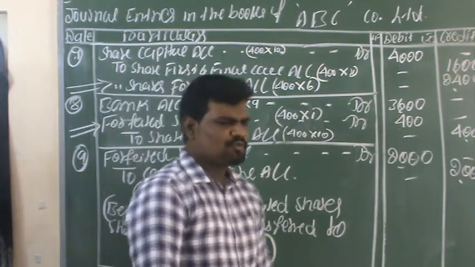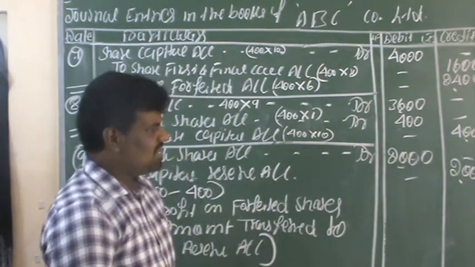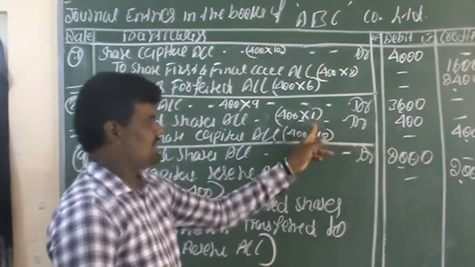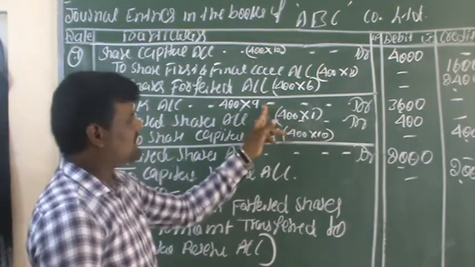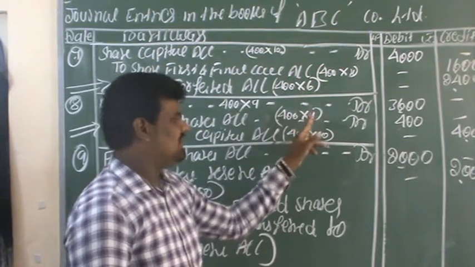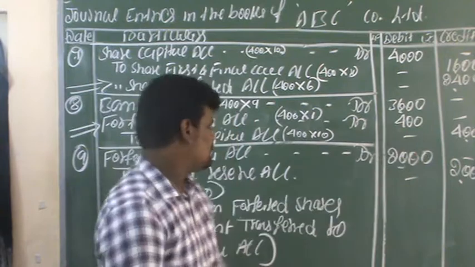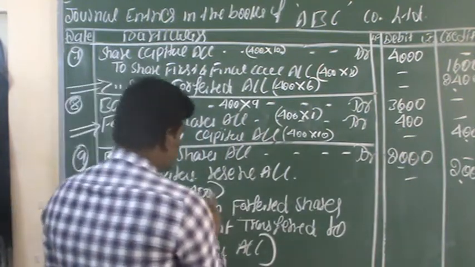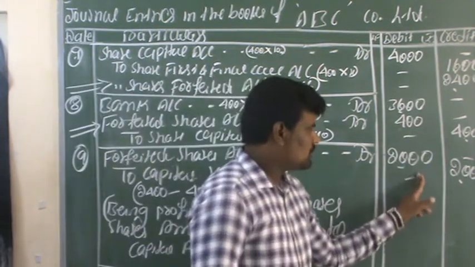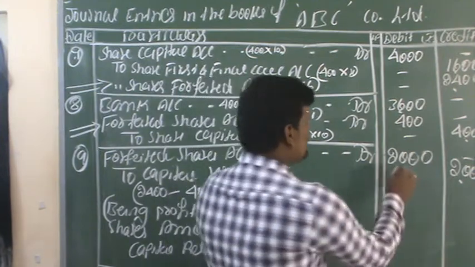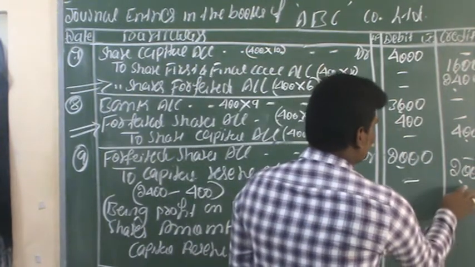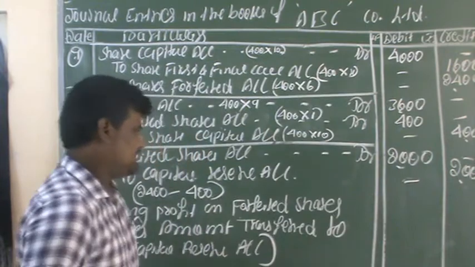When they are reissuing these 400 shares, at that time they are getting 400 rupees loss. They are reissuing at 9 rupees, so 10 minus 9 is 1 rupee loss per share, which is 400 rupees. 2400 minus 400 means we get 2000 rupees. These 2000 rupees are profit only. There is no loss on these shares.